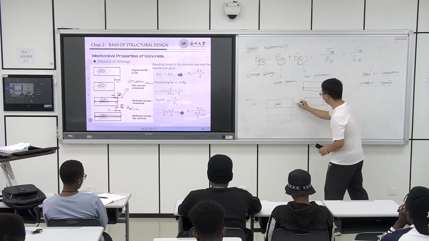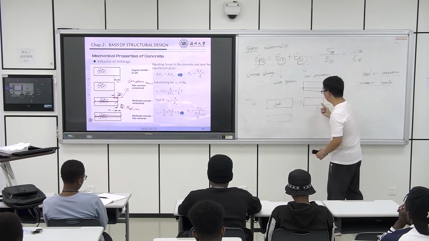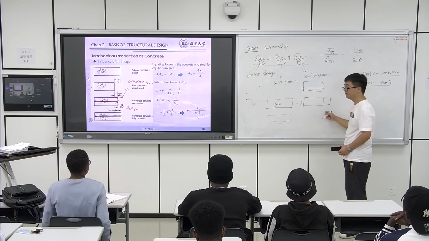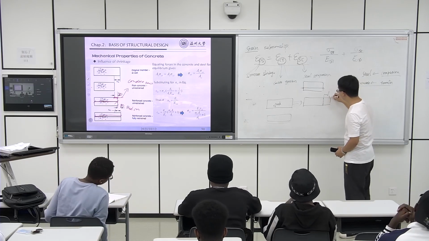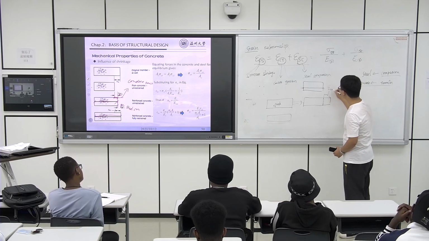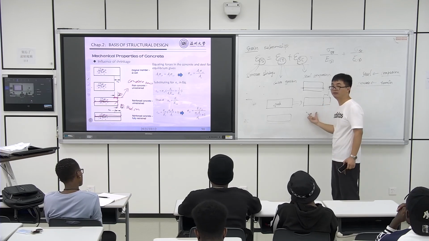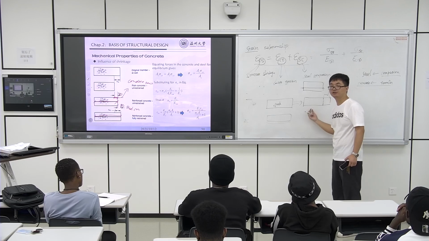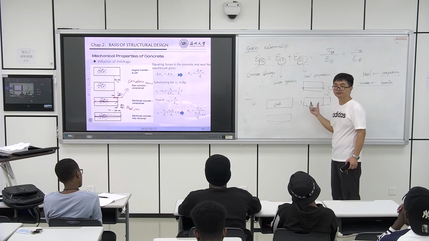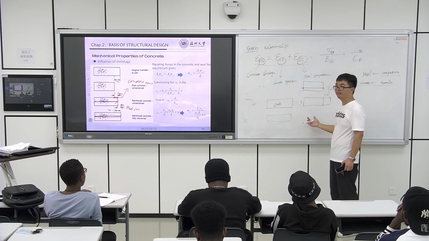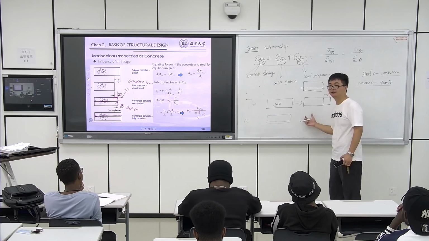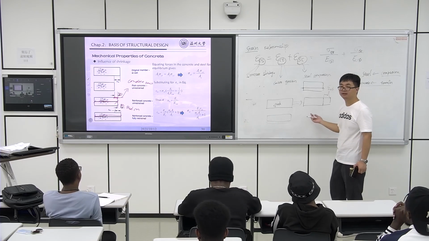This shrinkage makes them curve like here. This one is the plain concrete with no steel bar. Of course, it will have the shrinkage strain in the specimen. This one is easy to understand.